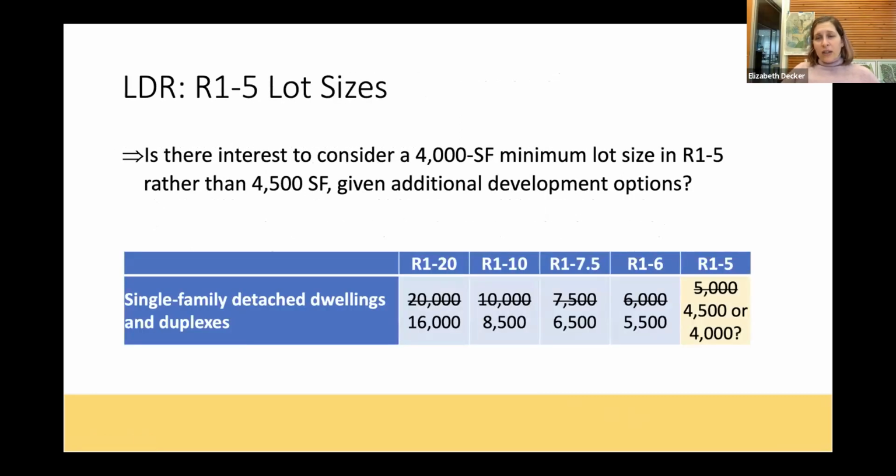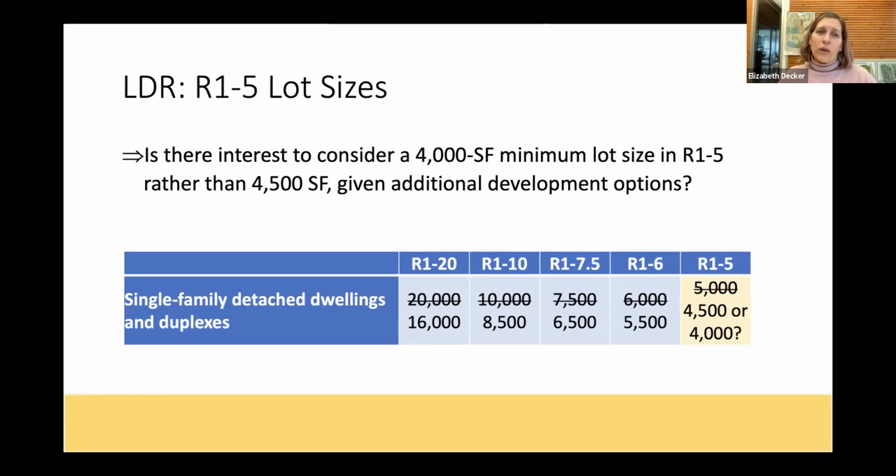The R15, here's another where we heard some feedback when we look across the scale of the lot sizes we're proposing, that perhaps we should be a little more aggressive in the R15. Heard some mixed interest about going down to a 4,000 square foot minimum lot size permitted outright, rather than the 4,500 square foot being proposed. Keep in mind there are a wide range of additional options, right?